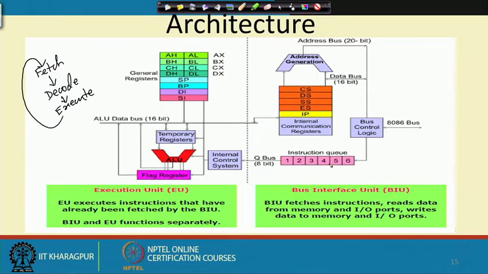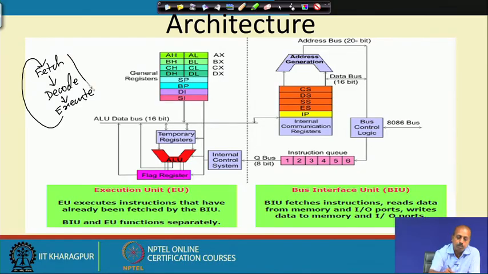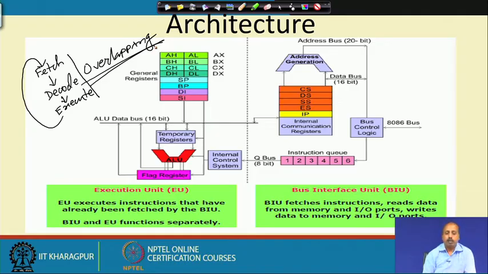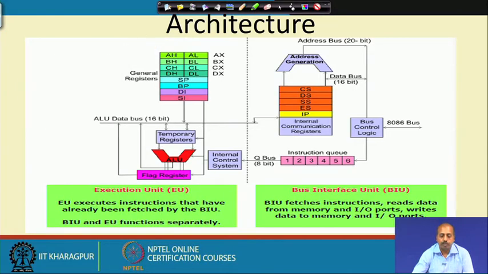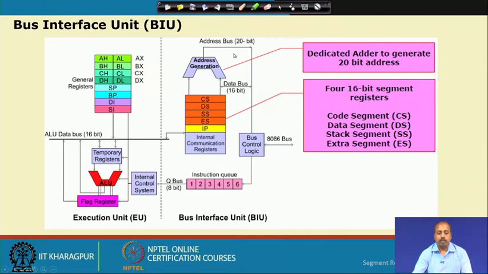This helps in some amount of overlapping of the fetch, decode, execute phases. This is a very important concept that you will find in later processors also. It started with 8086.